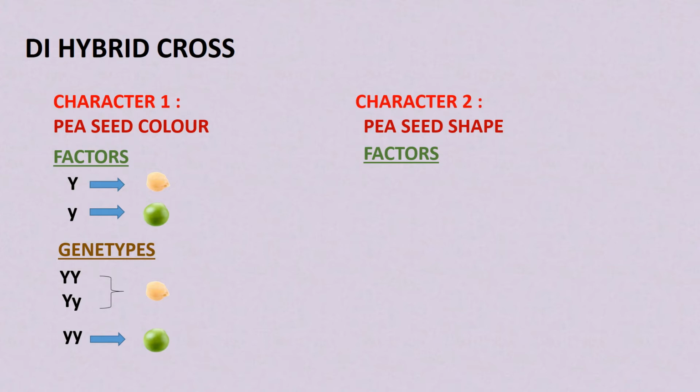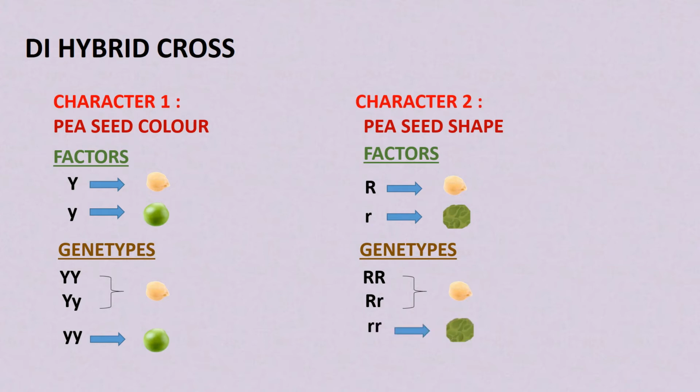Capital Y capital Y and small y small y are homozygous and capital Y small y is heterozygous. The next character is shape of peas, that is round and wrinkled. Symbolically we indicate capital R as round, small r as wrinkled. So the genotypes are capital R capital R and capital R small r give us round shape, small r small r gives us wrinkled shape.